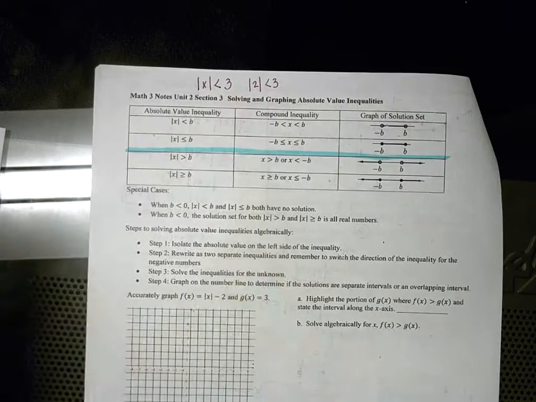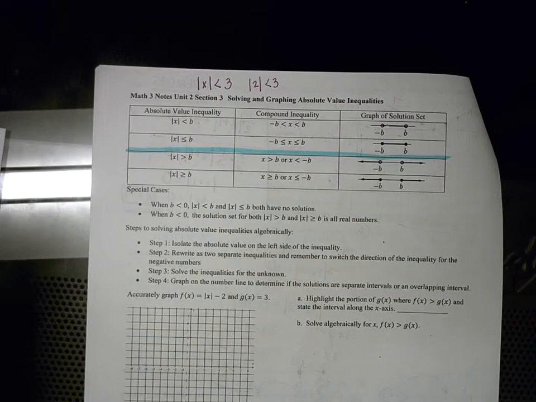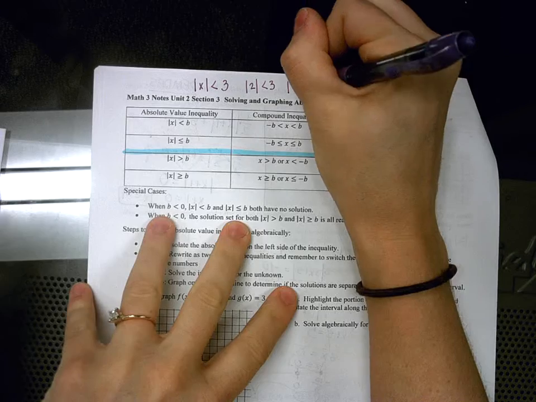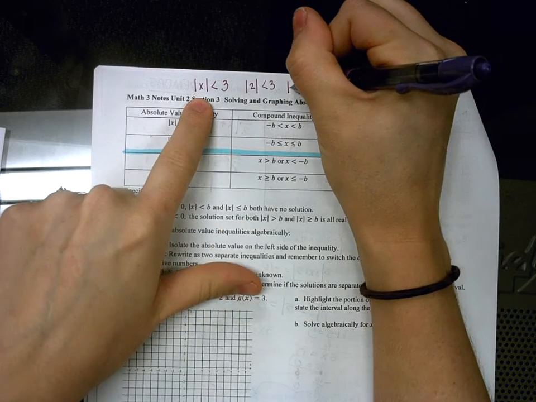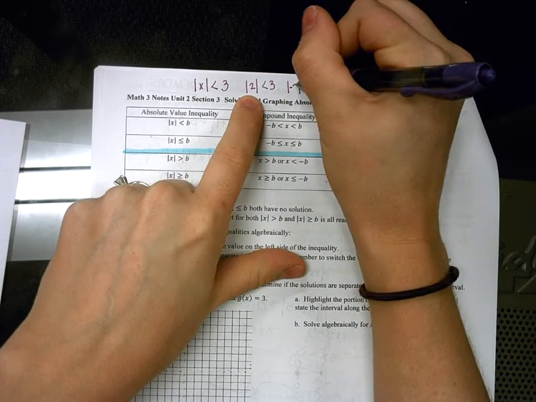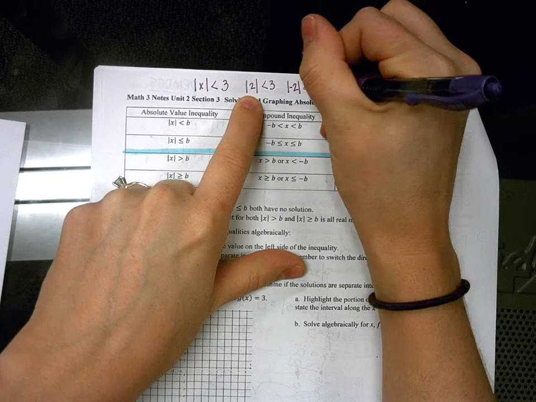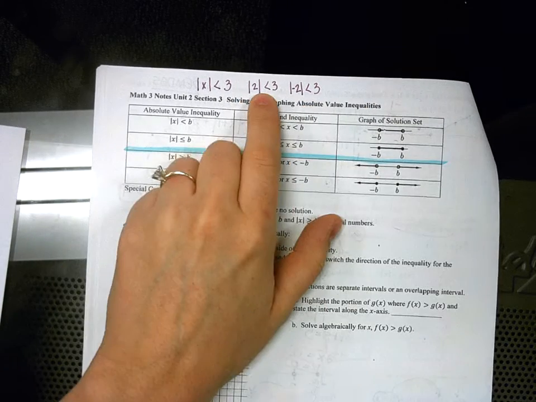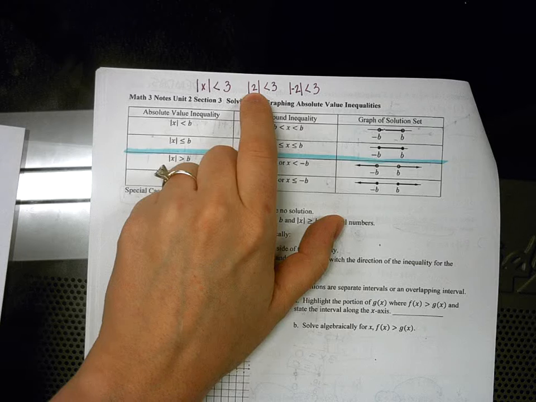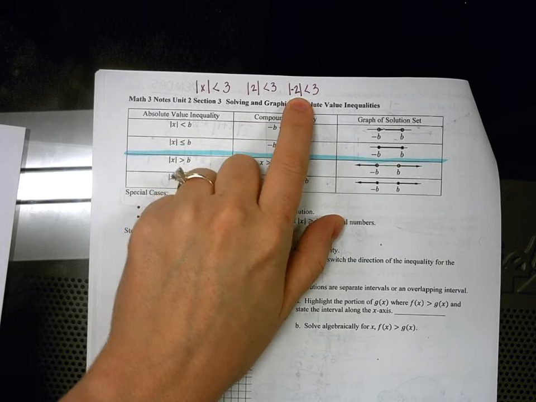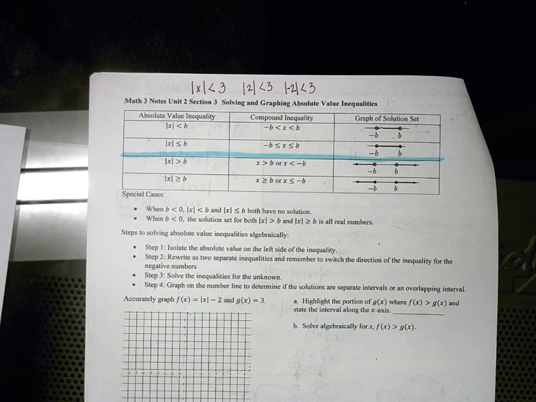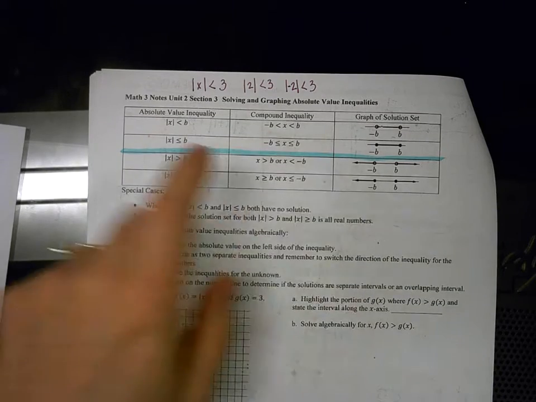What's a negative number that would work for x? -1, or even if we stay consistent with our first example, -2, right? So the absolute value of -2 and the absolute value of +2 are going to give me the same answer, and 2 is less than 3 in both cases.